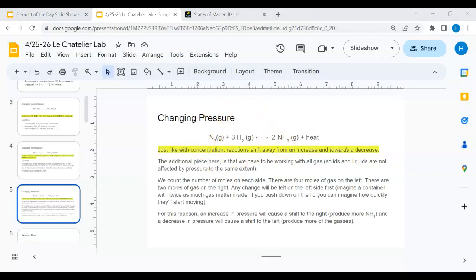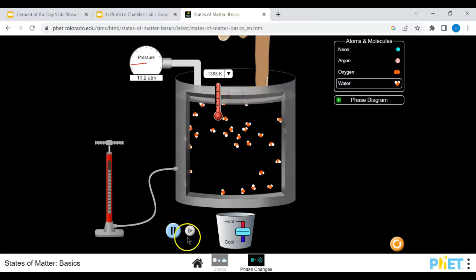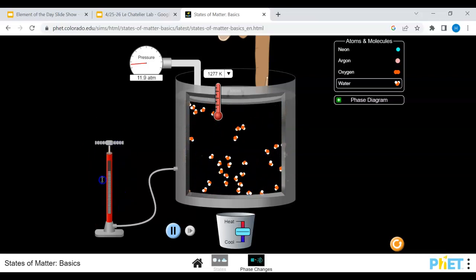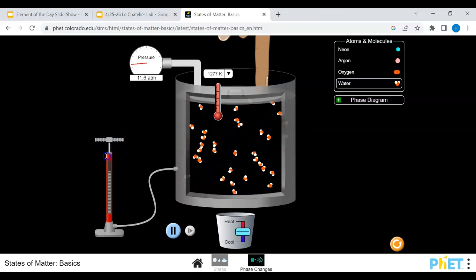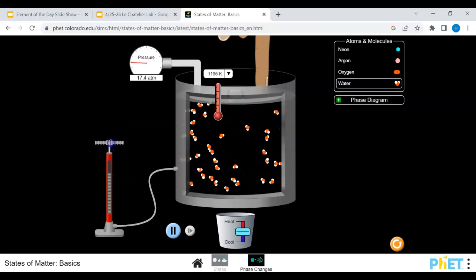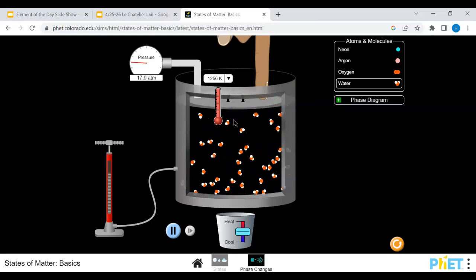So if we look at this simulation that we had going, if you imagine you have 2 different ones of these, and I think we can add more gas, if I add more molecules, what's going to happen is that having more molecules, when we increase that pressure, it's going to affect it faster.